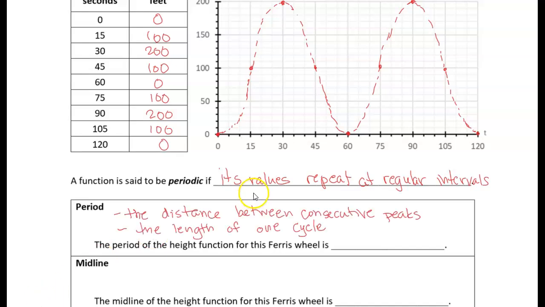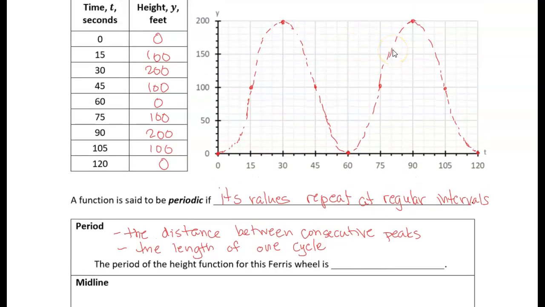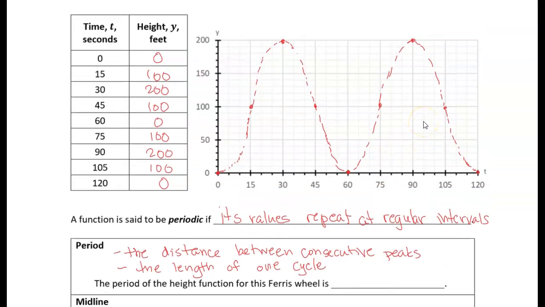All right, so let's take a look at this periodic function that we just graphed. What is the period for this function for the height of the Ferris wheel over time? Well, we could use the book definition and measure the distance between consecutive peaks. So here's one peak, here's the other peak.